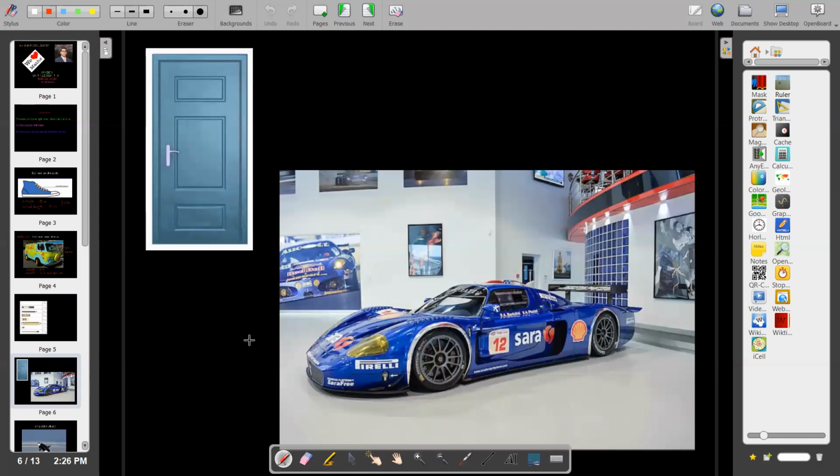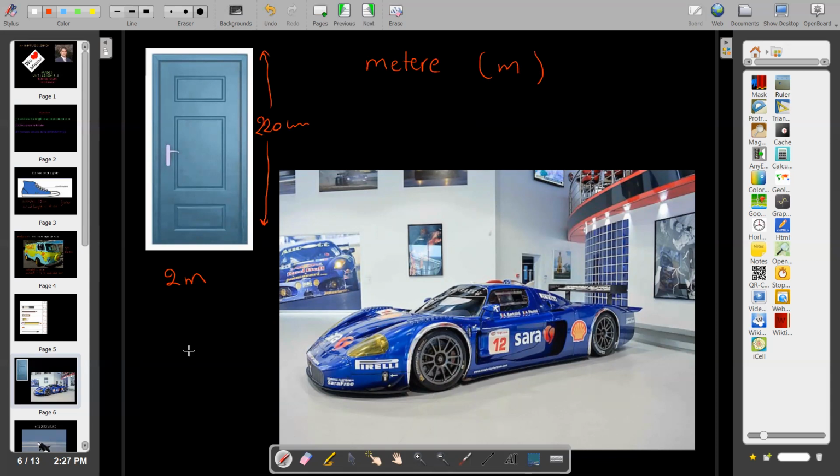What's the estimation of this object? These are large objects, so we will use meters because they are large. This door is about 2 meters. I know it's bigger than 2, but I can't say 3. 2 is a good estimate because, in fact, if I measure this door in real, it will be 220 centimeters.